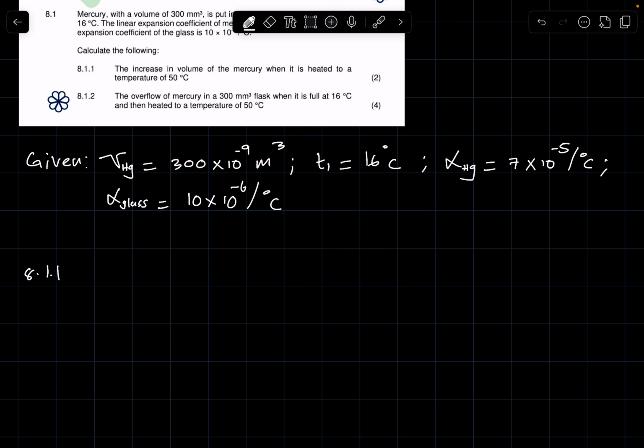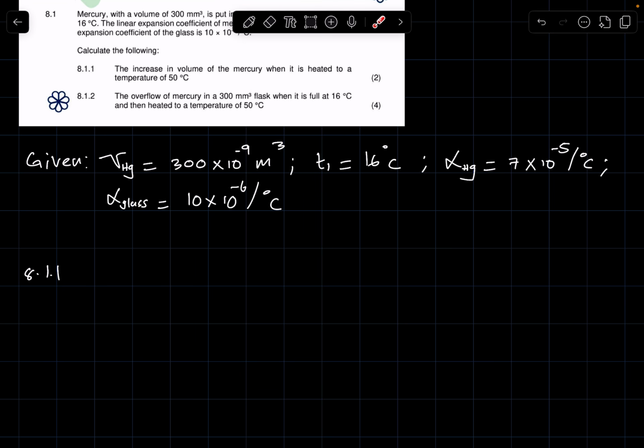Now let's look at what they're looking for. 8.1.1: calculate the increase in volume of the mercury when it is heated to a temperature of 50 degrees. In this scenario heat is being gained, so we express change in temperature as T2 minus T1.